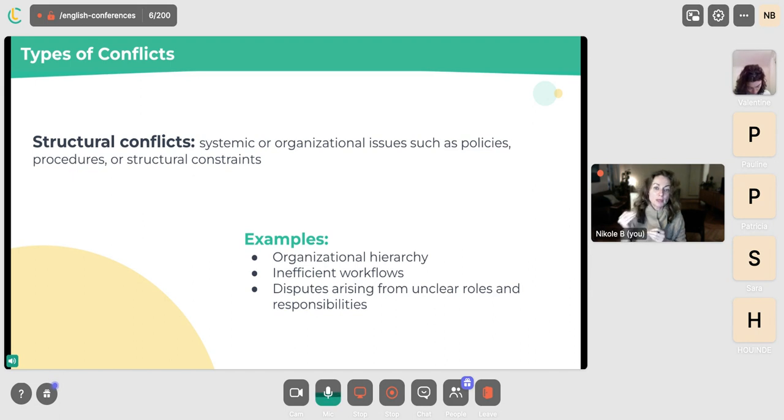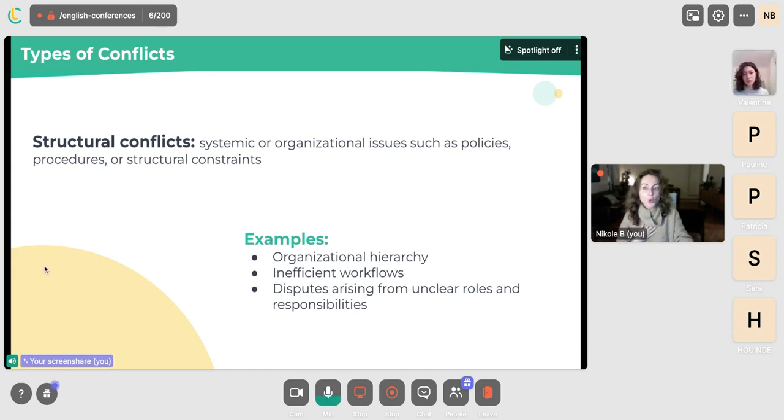Or, for example, people have a dispute if there's not enough defined roles. Sometimes people can have disputes over who does what, right? There could be unclear roles and responsibilities. So people argue over, I should do this. Oh, no, I'm responsible for this. Or no, you do this and instead somebody else is doing it, okay? Or inefficient workflows where you have 3 people working on the same project and nobody knows it, okay?